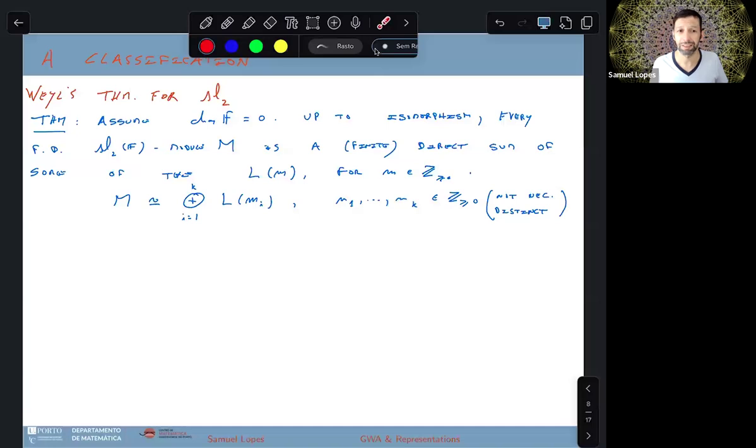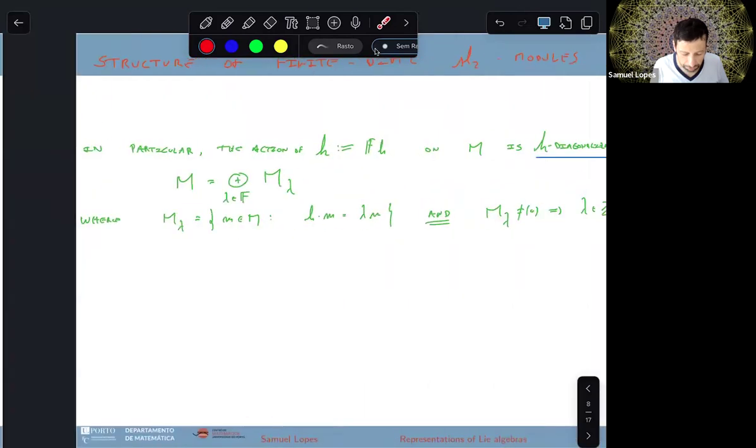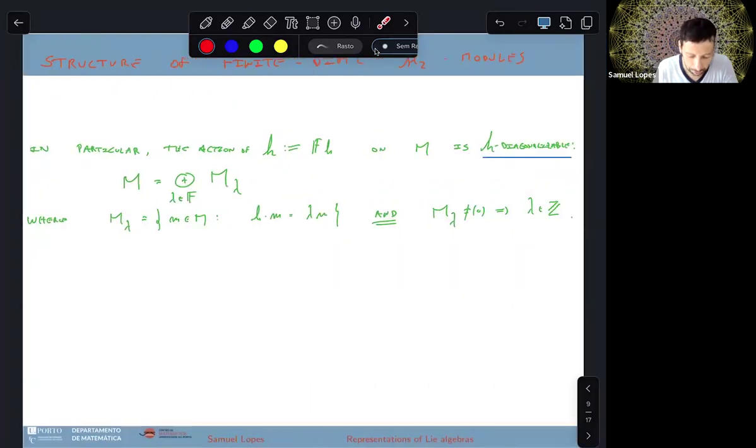But before I go there, let's capitalize on this result, because what I know about the simple representations should be able to tell me something about an arbitrary finite dimensional representation. So assuming this result, what can I conclude? Well, remember, this is classical in Lie theory.